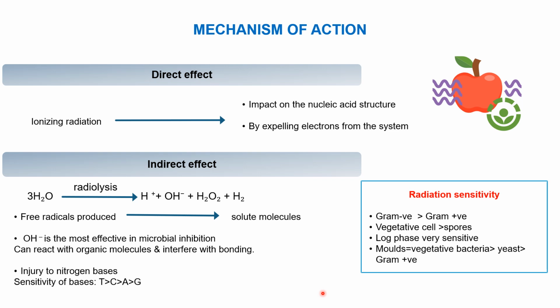Now, when we talk about other ions like hydrogen ion and hydroxyl ions, they tend to react with nucleic acid, causing breaks at various locations. They cause single strand breaks or double strand breaks.